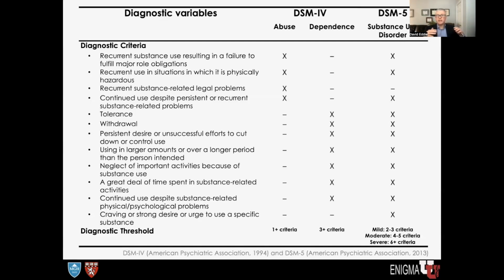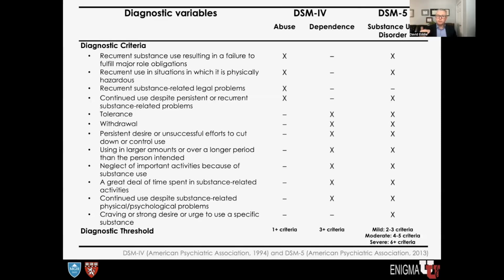Especially with the DSM-4 criteria of abuse and dependence, we would end up catching a lot of people who would meet criteria for alcohol or drug abuse, but they might not necessarily actually have a problem. Anybody who's using alcohol or other drugs excessively might meet the abuse criteria. So many people felt that it was just too loose, that the criteria were just capturing too many people who didn't necessarily represent a problem.